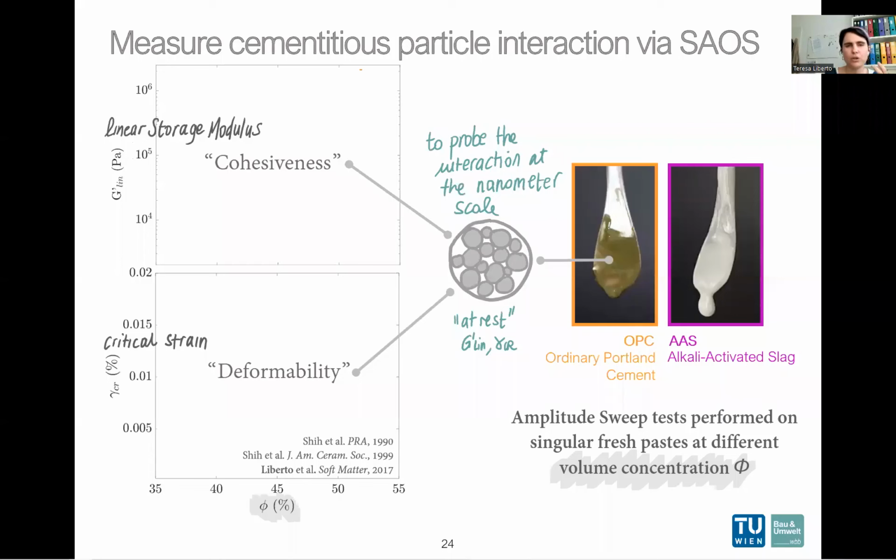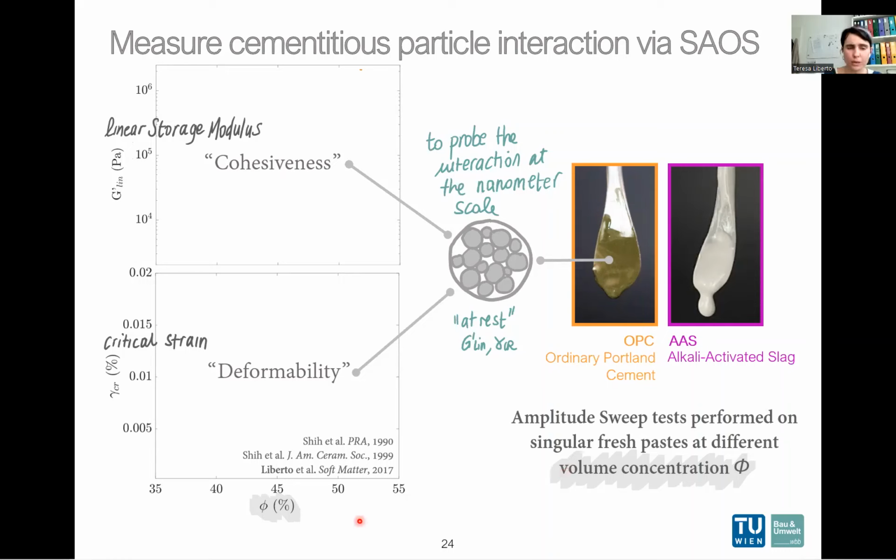In that case, I will show you SAOS measurement of an OPC and the same alkali activated slag that I showed you before. These two systems, as I already told you, have a different calcium content. And for this, we want to do some amplitude sweep tests to define the LVE, and in particular to track the linear storage modulus and the critical strain, which we can also call cohesiveness and deformability, as a function of volume concentration.